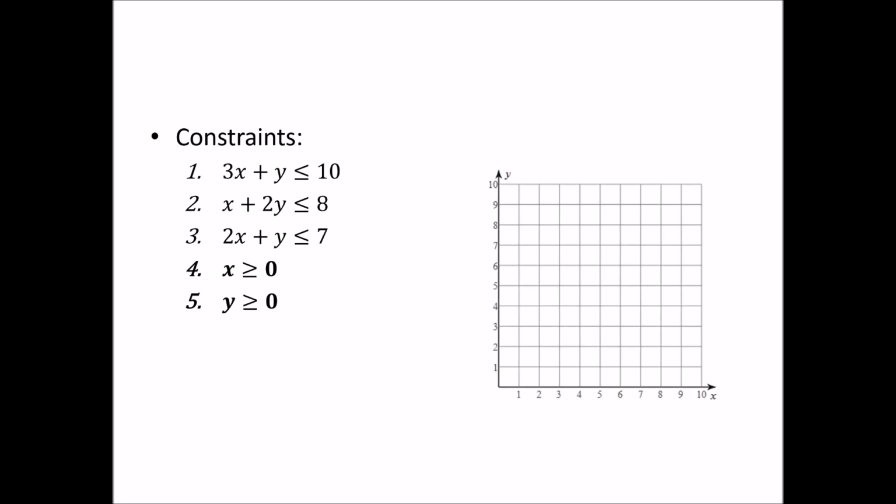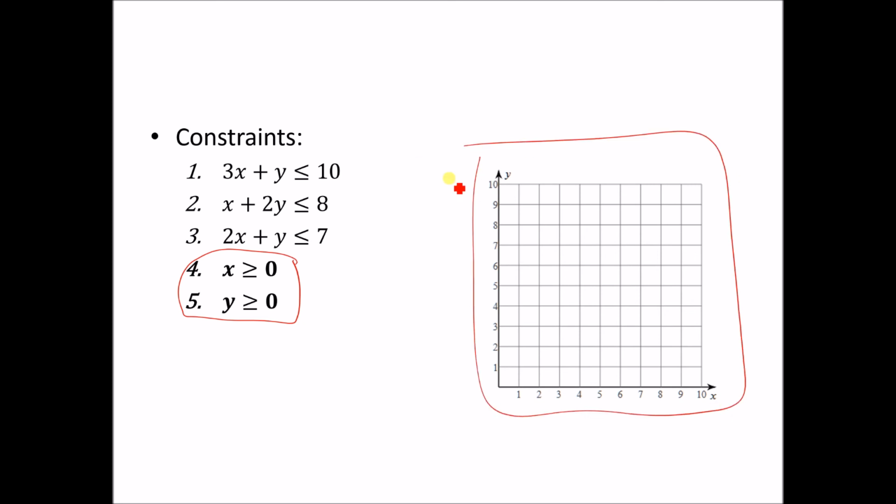It's possible that I don't make any lesson videos, but I can't make -1. Because of these constraints here, I can restrict my graph to just quadrant 1, the positive X and positive Y axes. So I don't have to graph those anymore. I know that already my feasible region is going to be within here. I don't have to worry about whatever's out here.